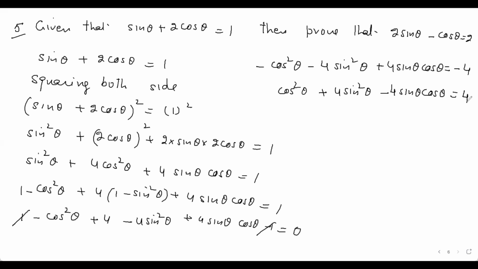So by dividing minus 1, I'll have this. This is again an identity, cos theta minus 2 sine theta whole square. This is equal to 4. So then cos theta minus 2 sine theta is equal to 2.